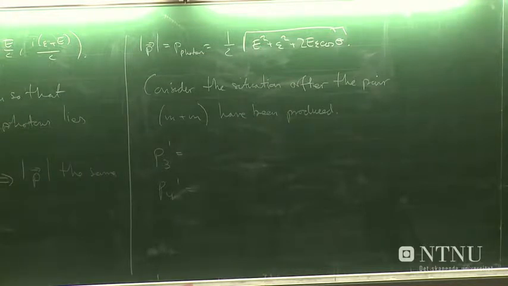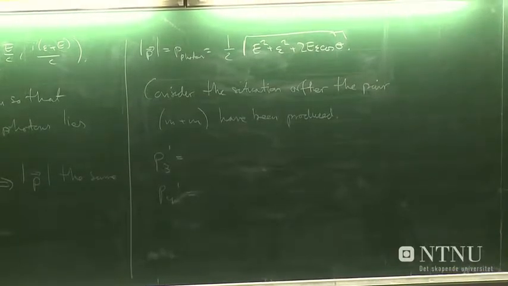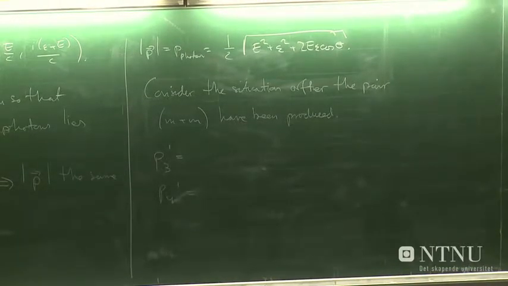We couldn't use conservation of four momentum vector here, because we changed inertial systems. And as I emphasized in the beginning of the previous lecture, the conservation of four momentum only holds as a function of time in the same inertial frame. So we used instead the invariance of the square of the four momentum vector in any inertial system.